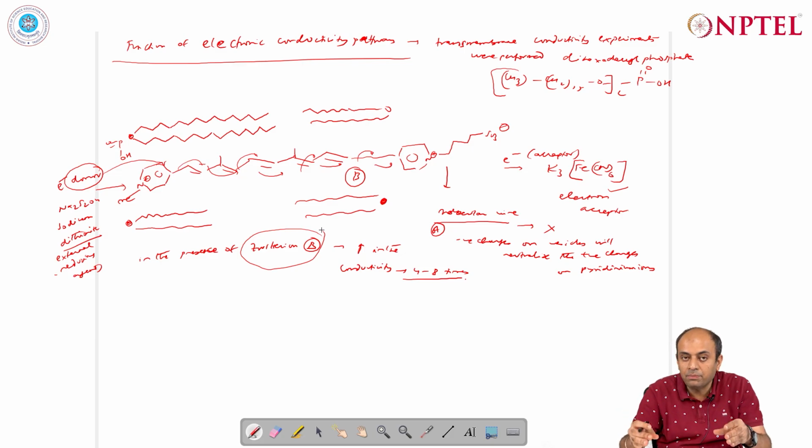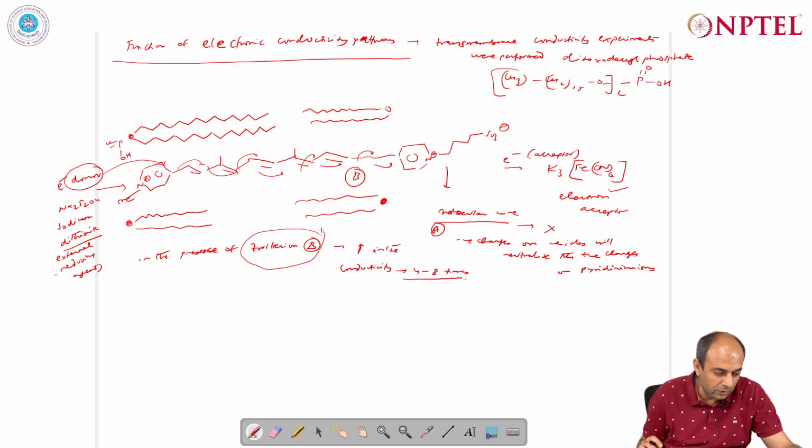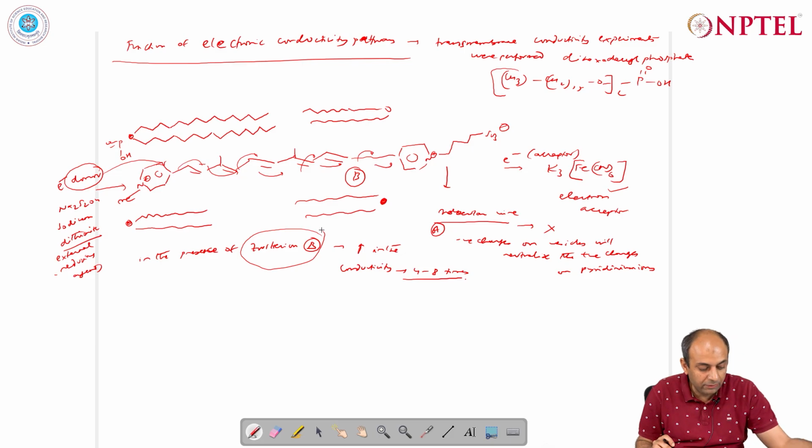So, this is one very important application of this particular system, which contains extensive alternate single and double bonds, which are called the carotenoids. These carotenoids, which function as a molecular wire having the zwitterionic behavior, are able to do this conducting process in a very facile way.